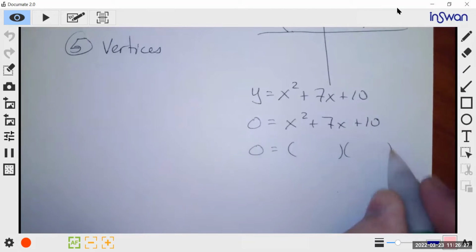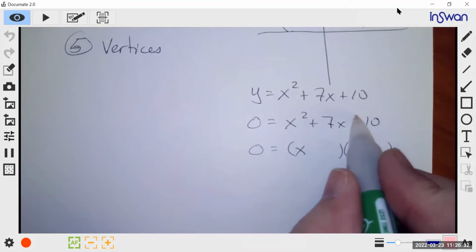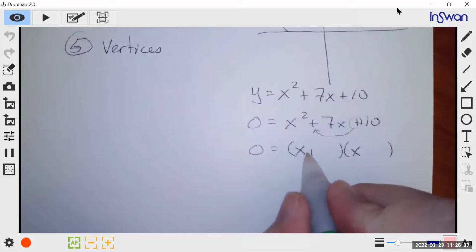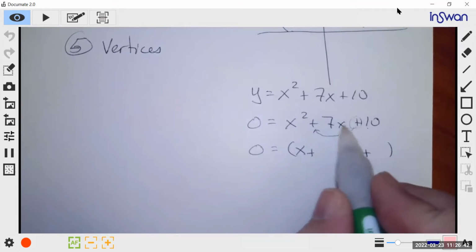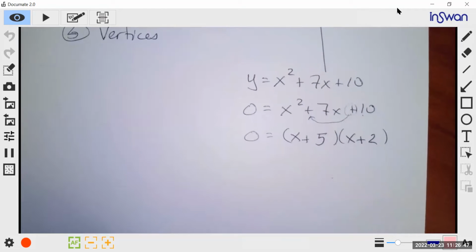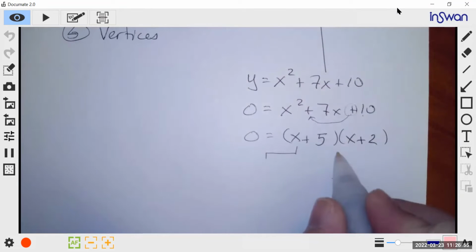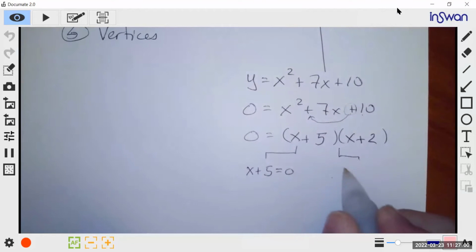So let's try factoring first. Leading term is x squared. The second term is a plus. That means they're both the same, they're both going to be plus. What times what is 10, and when you add them, you get 7? 5 and 2. So once we factor them, we take both of those equations and set them equal to 0, because that's what the equation equals.